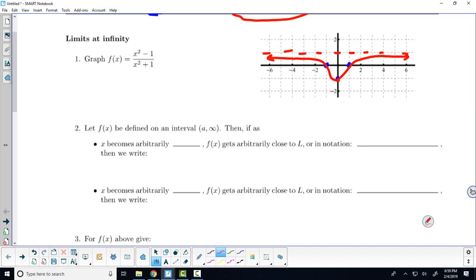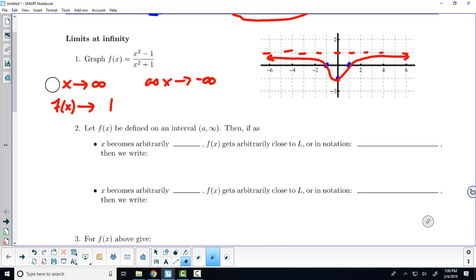Okay? So what we'd like to do now is describe this behavior. As x gets arbitrarily large going to the right, it appears to me that f of x, the range values, are getting closer and closer to 1. And as x approaches minus infinity, so when I read this, I say as x is going to the left.